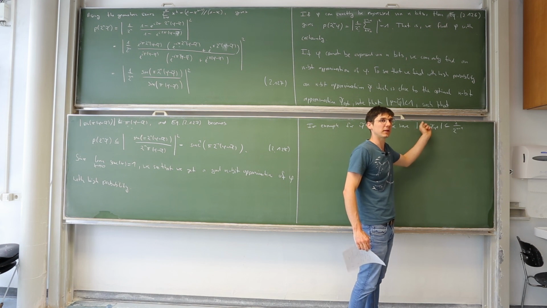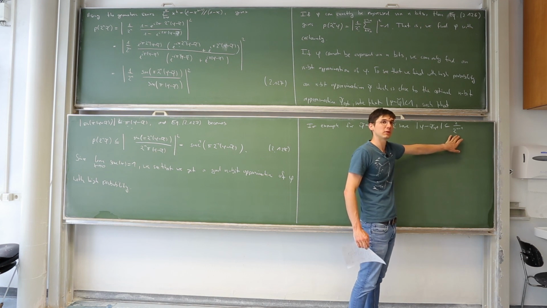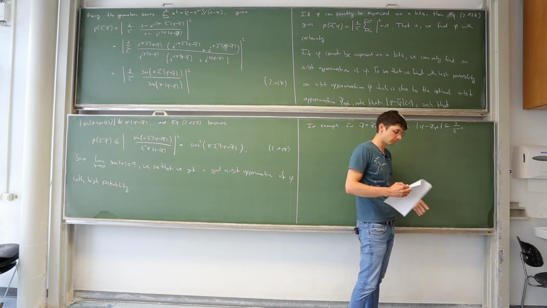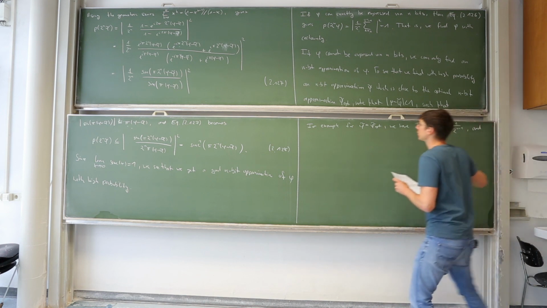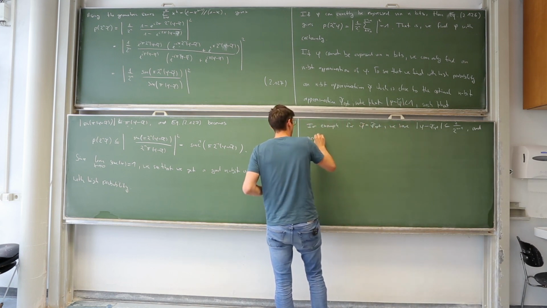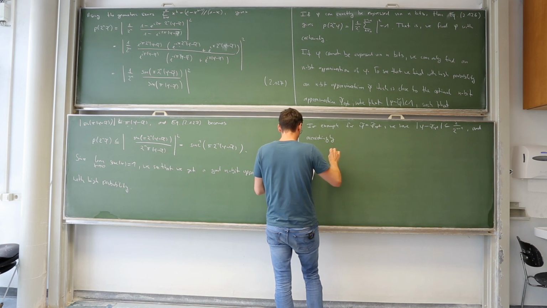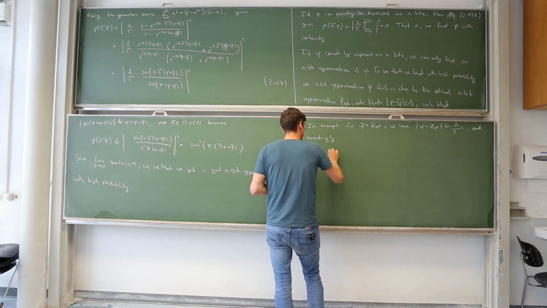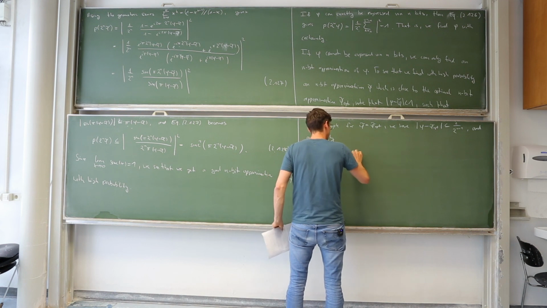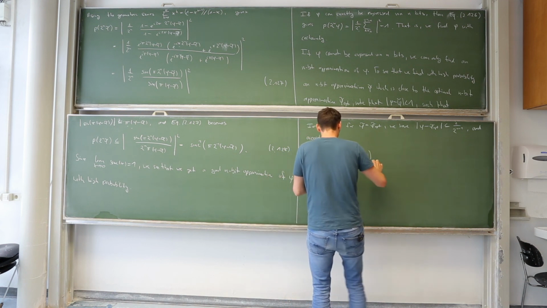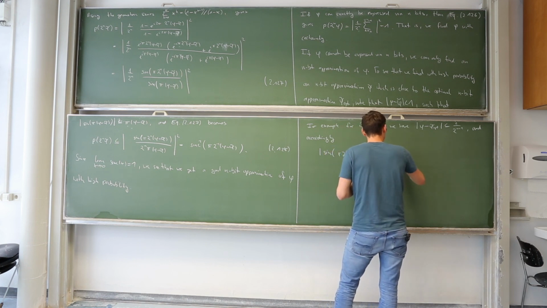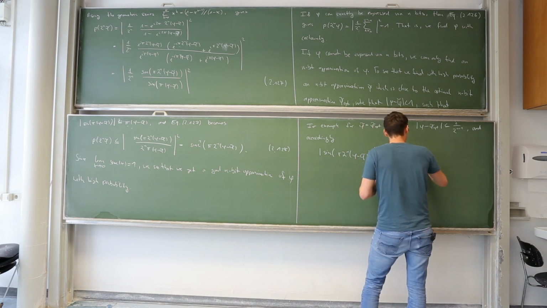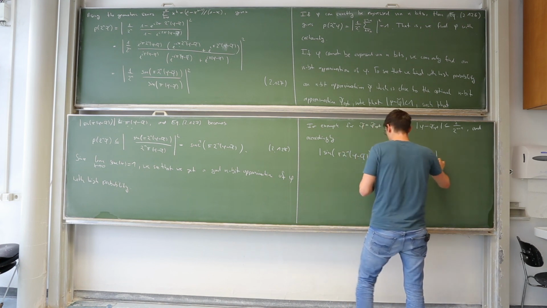Both are binary fractions, so the first n bits on the right-hand side of the dot coincide, meaning the difference must be smaller or equal to this number. And accordingly, we have that the modulus of sine of pi 2 to the power of n phi minus phi tilde is greater or equal to the bound with 2 to the power of n plus 1 and phi minus phi opt. This must be optimal.